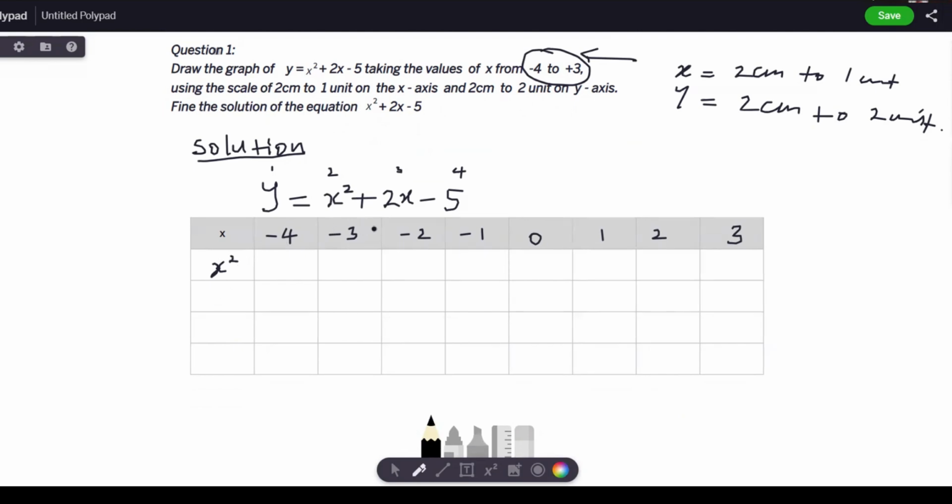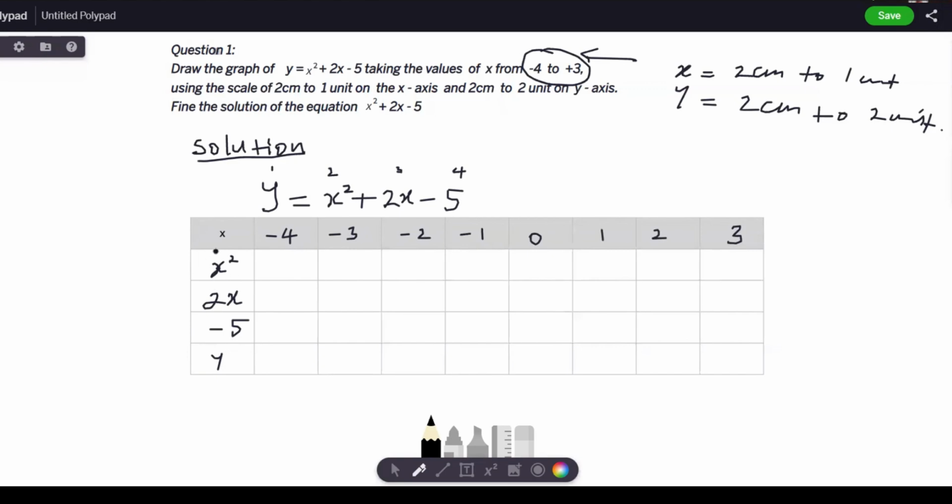Then the third relation is 2x, the fourth one is minus 5, and the first is y. So this is our target, to get the values of y.